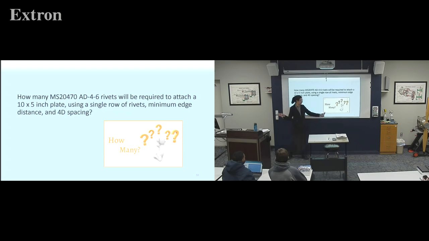So 10 minus 0.5 is the distance between those 2 rivets, which is 9.5. So then we take our spacing, which is 4 times the diameter, and that actually comes out to 0.5 of an inch.